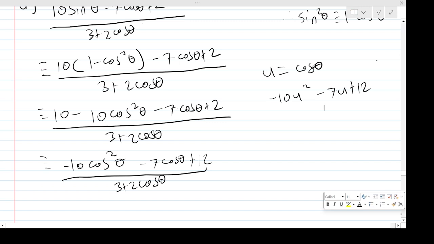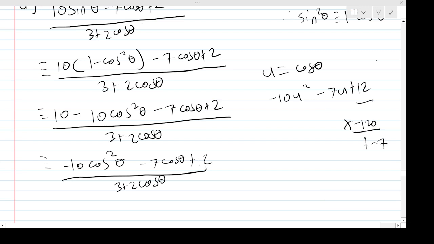Let's factorise it then, but I'm going to tell you a bit of a cheat code with this. Obviously, we know how to factorise quadratics. Obviously, you'd try and find two numbers that multiply to get minus 120 and add to get minus 7. And you can go from there.